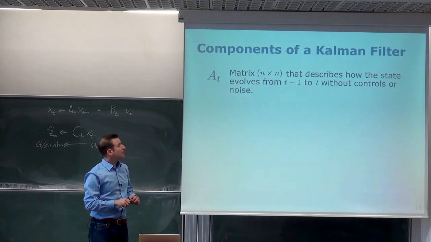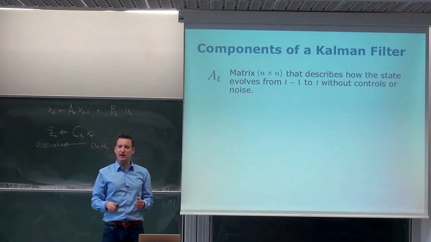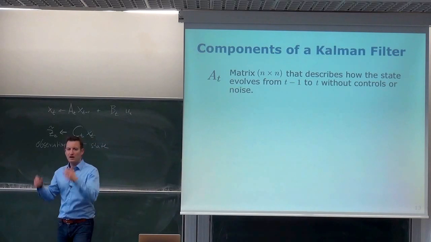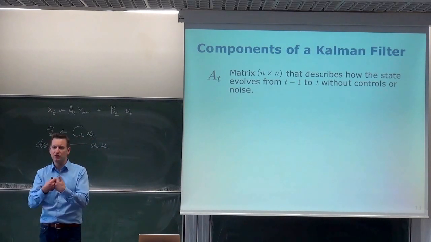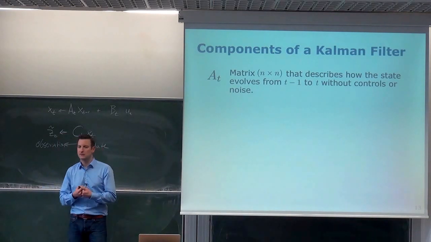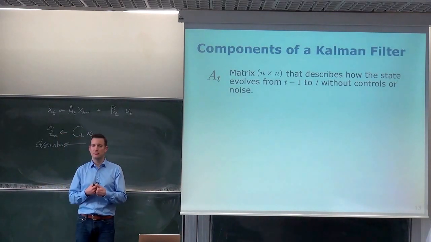Okay, so this matrix A is an n by n matrix where n is the dimensionality of my state space, which describes how I move from time t minus 1 to t without giving a motion command. So it's how does the state of the system evolve on its own.